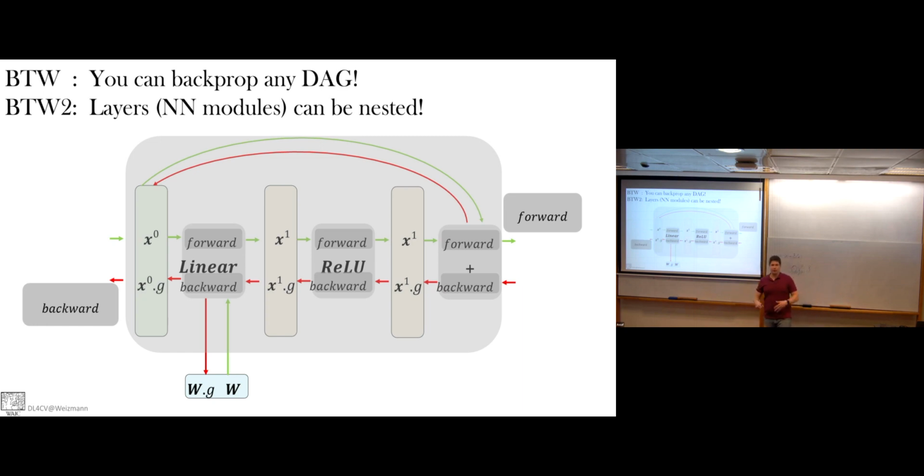I have a network that does something really cool. I want to use it as part of another network. I'm just going to put it there, and I can optimize everything else. I go through the forwards when I do the forward pass. I go through the backward when I do the backward pass. Are you getting how elegant this thing is? Extremely elegant. Okay, it's very nice. All right.